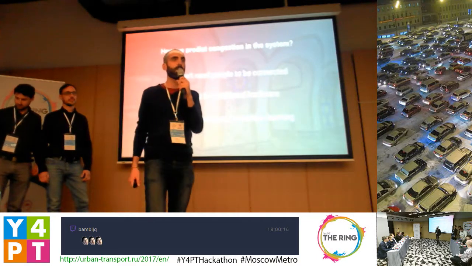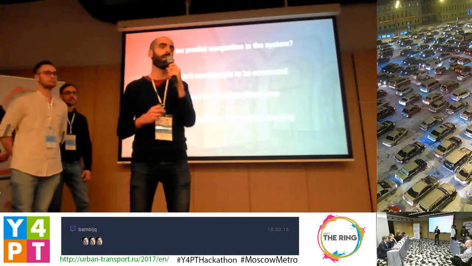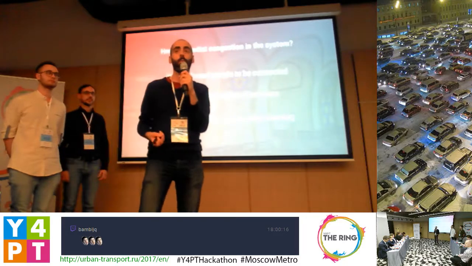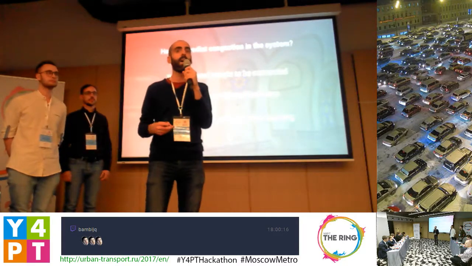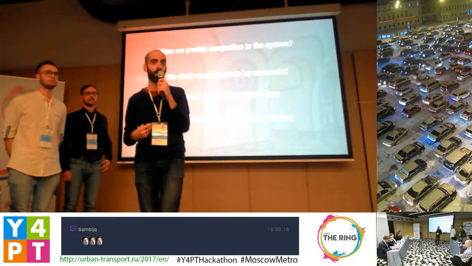There's something very important that I want to say: people don't need to be connected to the Wi-Fi. As long as they have their Wi-Fi turned on, even if their phone is in their pocket, we will be able to track them. And with machine learning, we will be able to predict where the congestions are going to be.